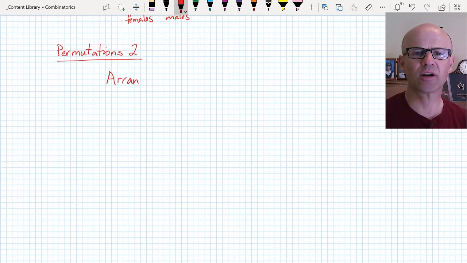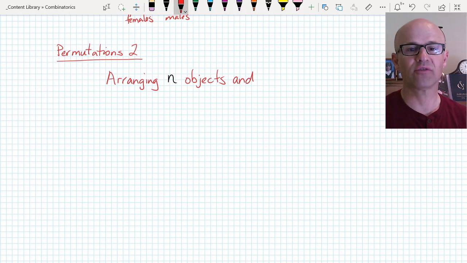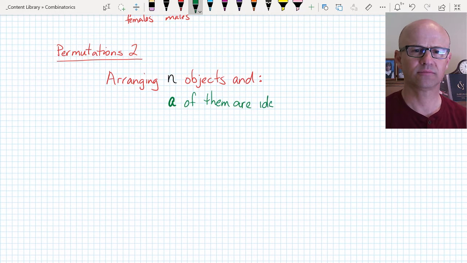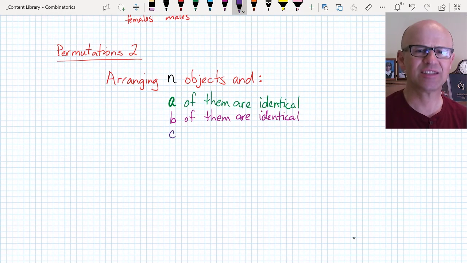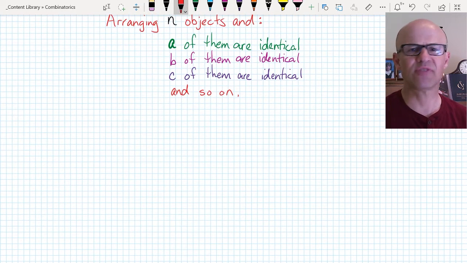For the second part, I'm going to look at arranging n objects, which are all very similar to one another. So I might have n total objects, let's say 50. 10 of them are identical to one another. 20 of them are identical to a second set, another 5, a third set, and so on.